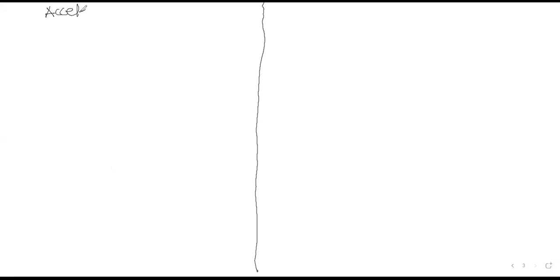So acceleration of a body. We are still looking at linear motion, a body moving in a straight line. What is acceleration? Any idea? Frank?